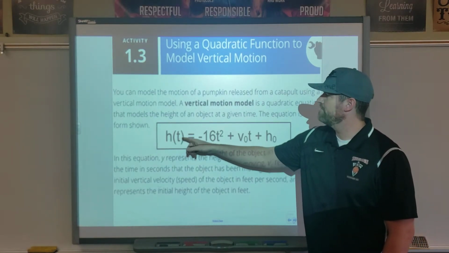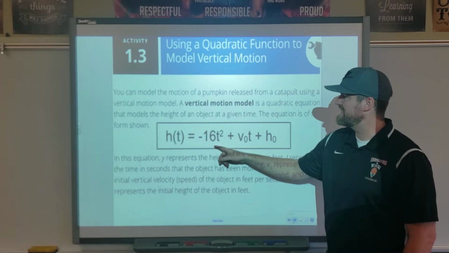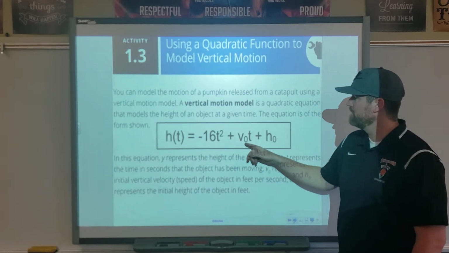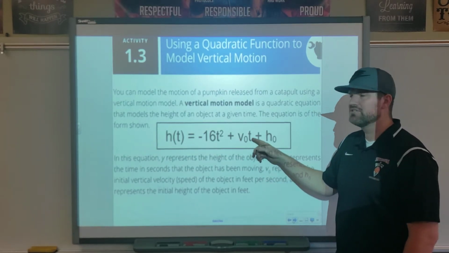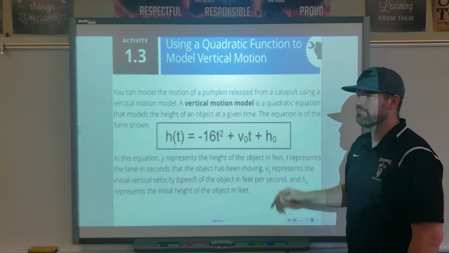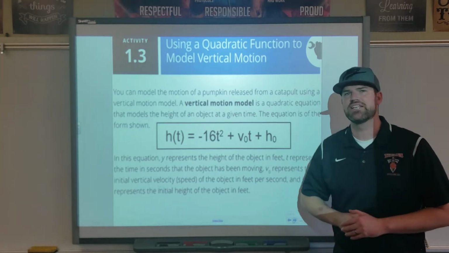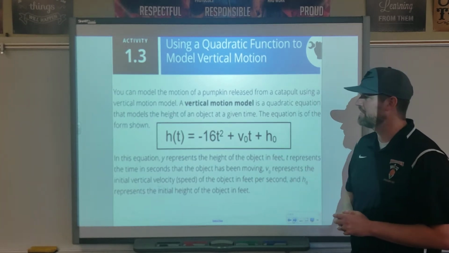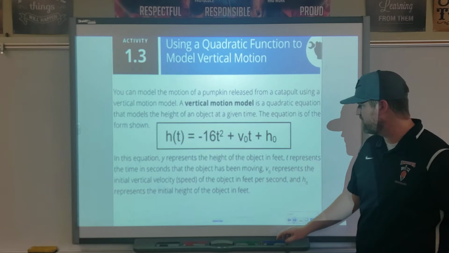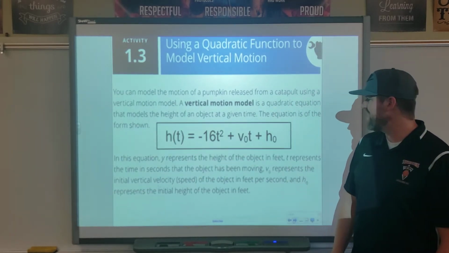So the height as a function of time is equal to negative 16t squared plus v sub 0 t, or v naught t, plus h sub 0, or h naught. Now this might look a little confusing, but it's really nothing too complicated. So in this equation, the y, which is our h of t, represents the height.